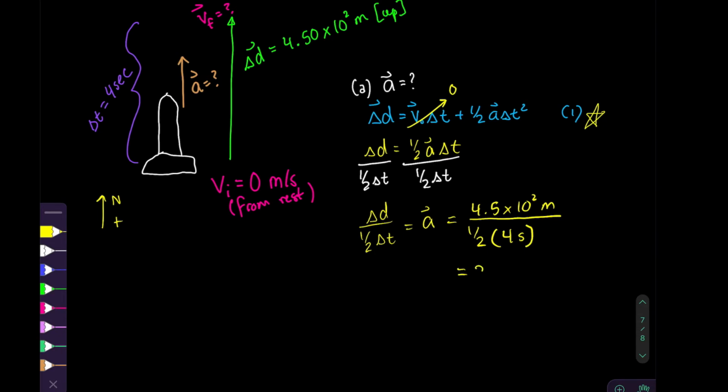So we get acceleration is 225 meters per second squared. Wow, that's fast. Well, I shouldn't say fast, right? That's a high rate, which makes sense because they're using rocket propulsion. So they're using rockets. Makes sense. And because it is a positive value, make sure that you write north.